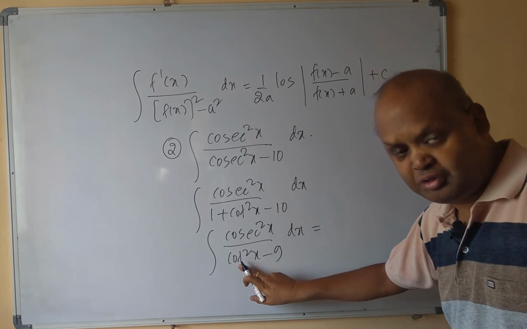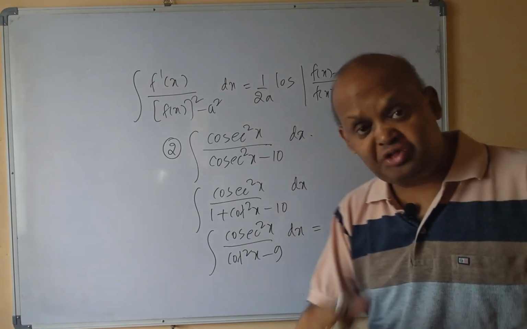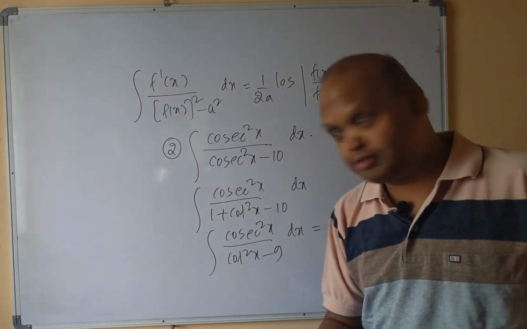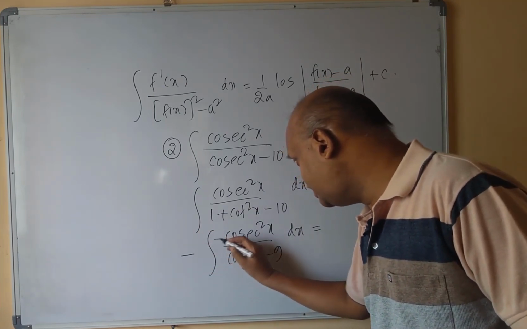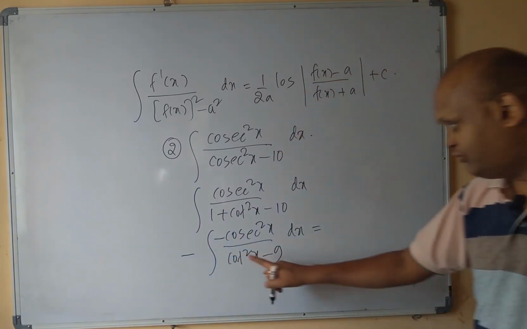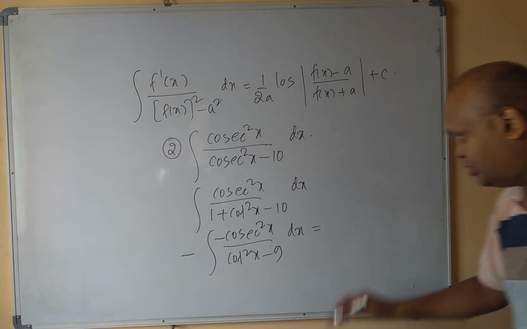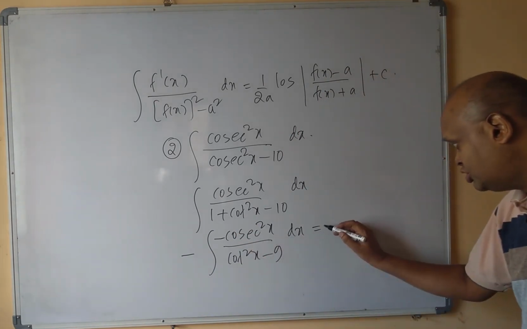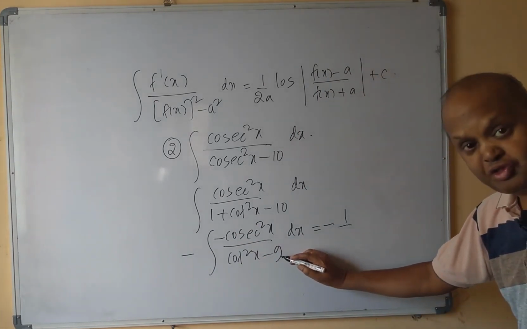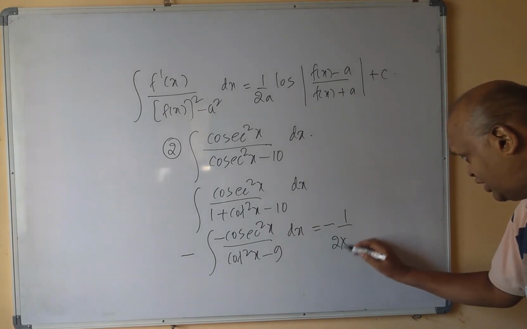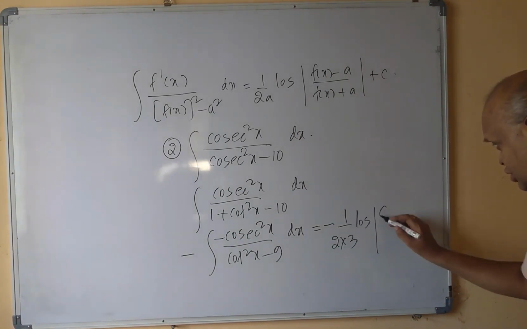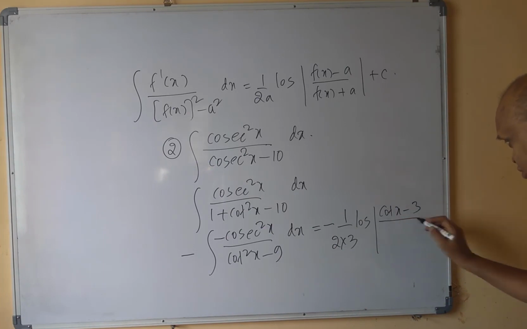Now this is your f(x). The derivative of cot x is minus cosec square x, so I take minus here and multiply minus here. So what is the answer? It is going to be minus 1 by 2a. A square is 9, a is 3. 1 by 2 into 3 log of (cot x minus 3) upon (cot x plus 3).